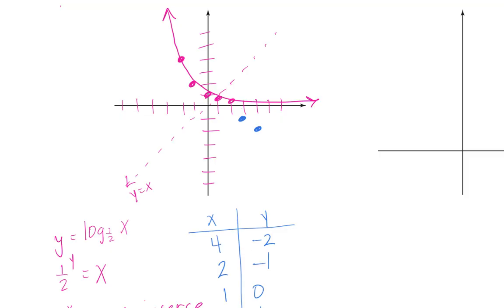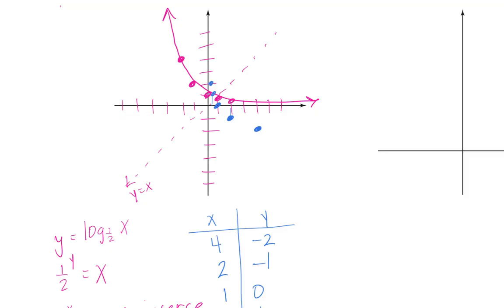All right. So we've got our 4, -2. That one is not making sense right there. Then we've got 2, -1. We've got 1, 0. If we come over 1/2 and go up 1, come over 1/4 and go up 2.